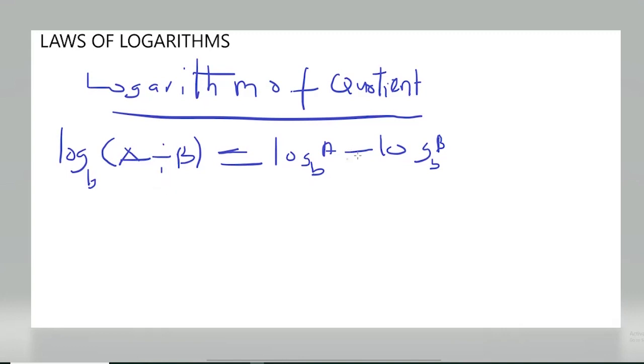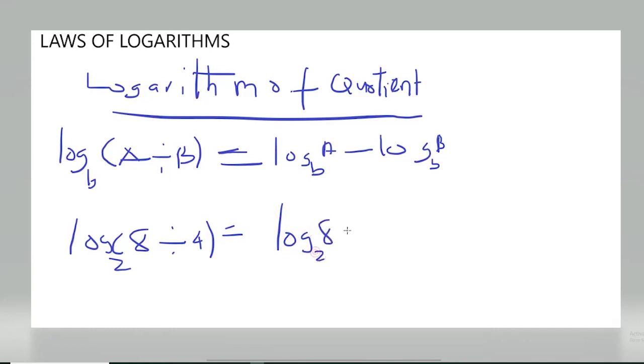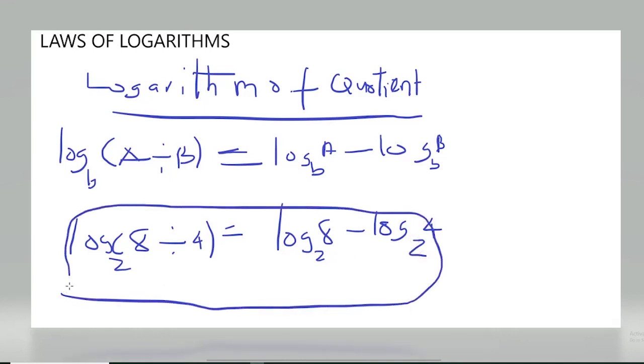So instead of plus, we now use the subtraction operation. For example, the logarithm of 8 divided by 4 to base 2 can be expressed as the logarithm of 8 to base 2 minus the logarithm of 4 to base 2. This is the general expression and how we can deal with the logarithm of a quotient.